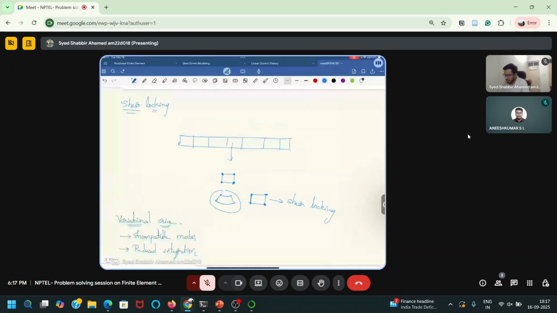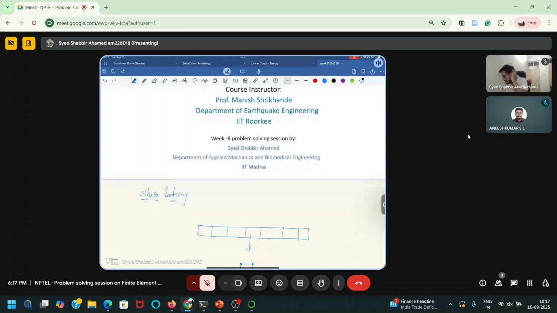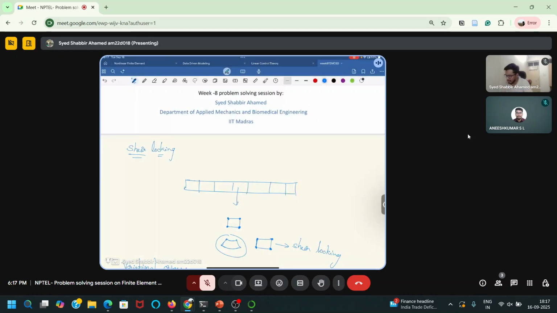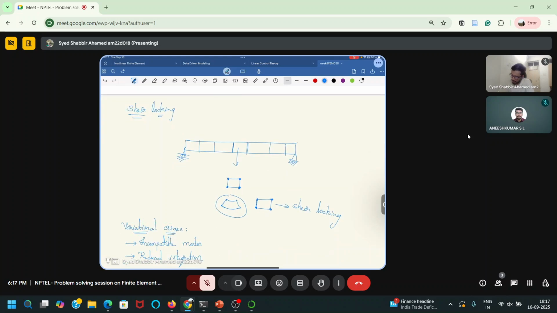So last week we started shear locking and variational crimes. If you have a beam like this, and if I want to do finite element, let's say I'll divide this beam into some number of elements. And if I take an element of the beam, let's say I take this as a four-noded quadrilateral. Obviously a four-noded quadrilateral cannot give, because the beam bends like this, the element has to give a deformation profile like this.